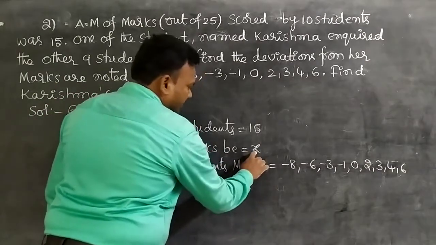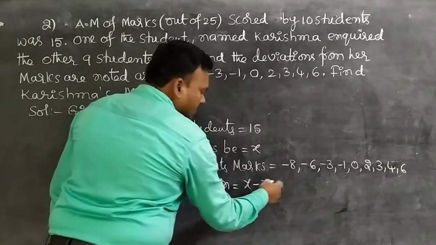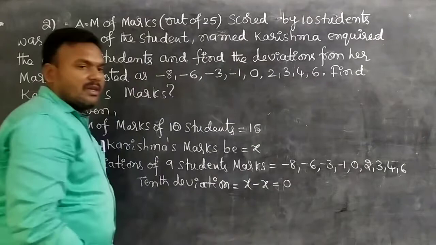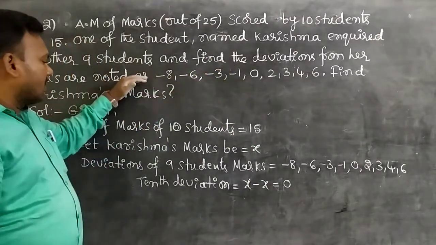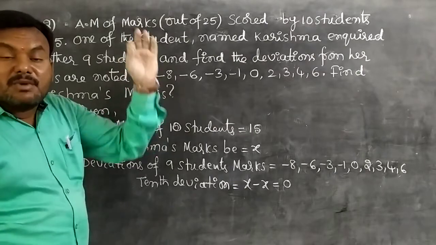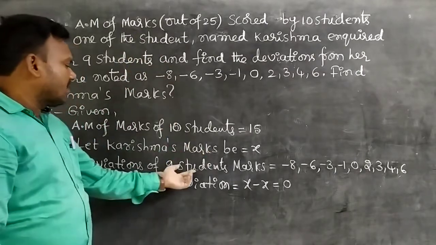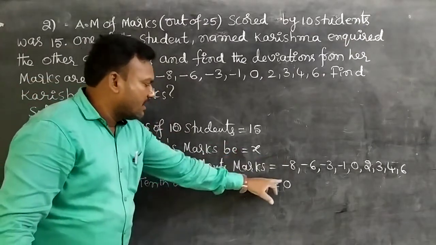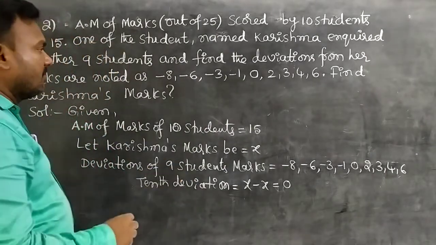So first Karisma's marks is X and the estimated mean is also X. X minus X equal to 0. Okay, understood, students? So the deviation values are 9 given. Then the deviation equal to X minus X equal to 0. Right? Then go for the arithmetic mean.